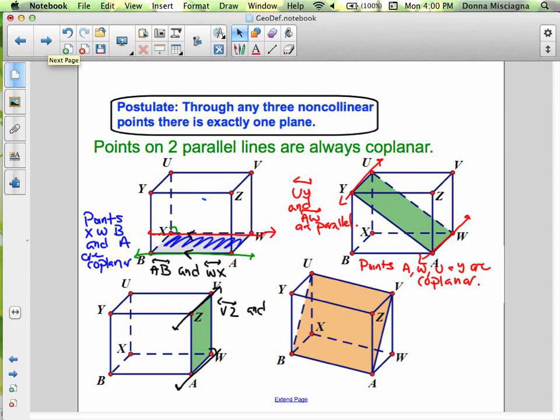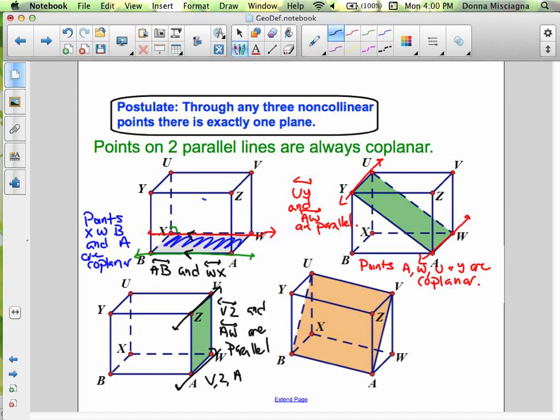Therefore, points A, W, U, and Y are coplanar. Lines VZ and line AW are parallel. And therefore, V, Z, A, and W are coplanar.